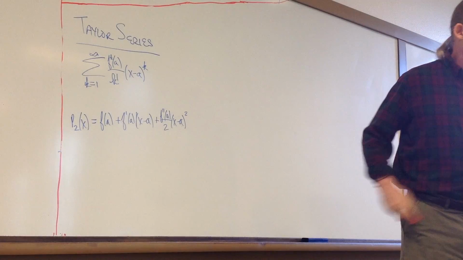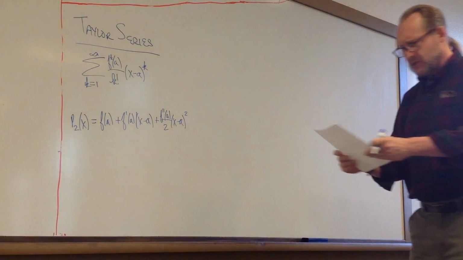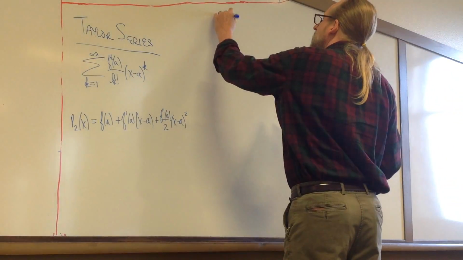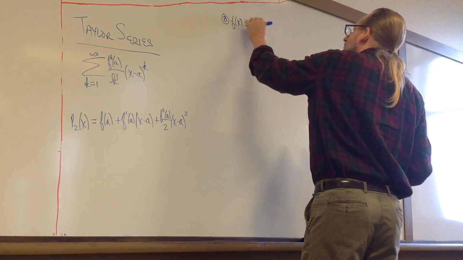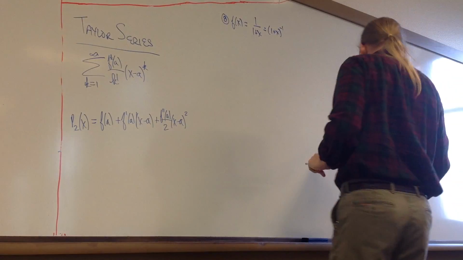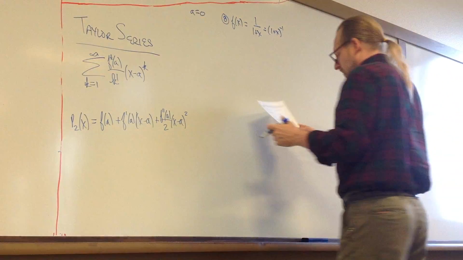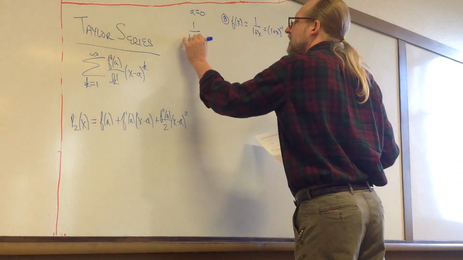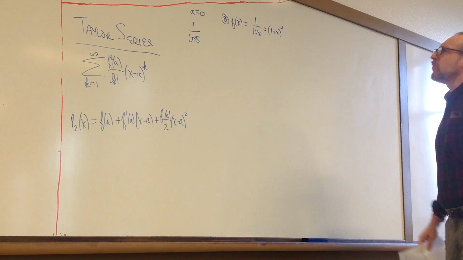All right, so problem 8, we've got this function 1 over 1 plus x. So that's 1 plus x to the negative 1 power, and we're using a equals 0. We want to use this approximation to get a good approximation for 1 over 1.05.